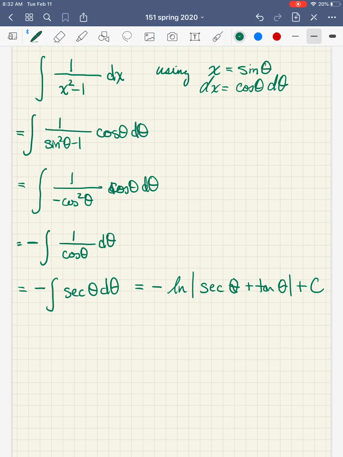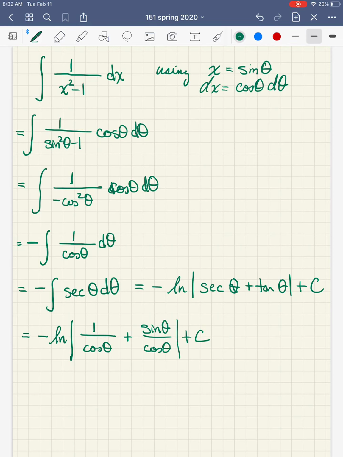And so what I need to do now is get this back in terms of x. One way I can do that is by rewriting this in terms of other trig functions. Secant is 1 over cosine, and tangent is sine over cosine.